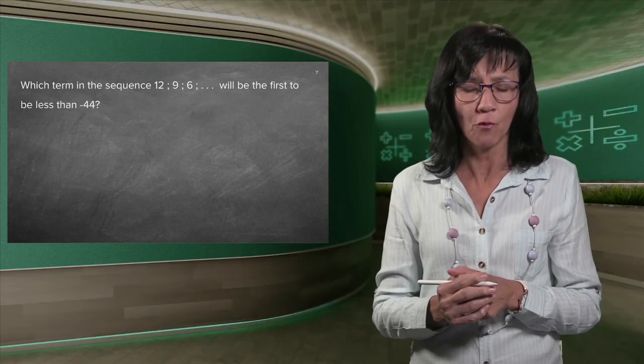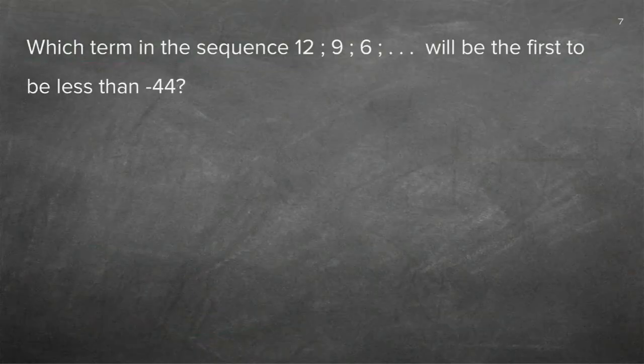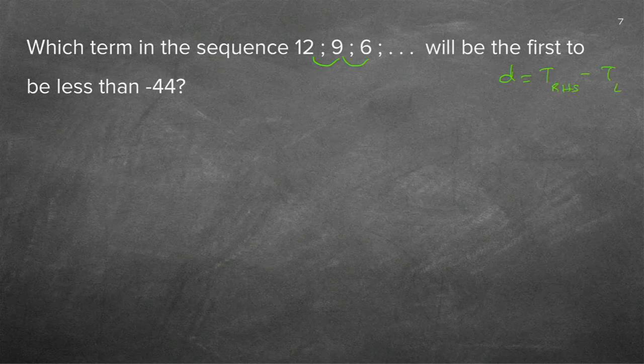But now I do not have a formula. Remember what we said? We first check, is this an arithmetic sequence? Now I wonder if you can remember. Is that common difference here 3 or minus 3? What do we always do when we say common difference? We say term right-hand side minus term left-hand side. And that will be 9 minus 12, which gives me minus 3.